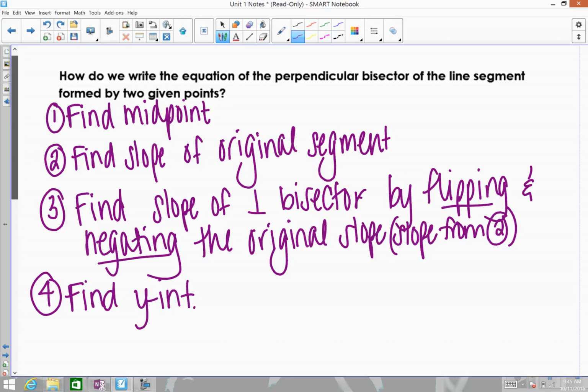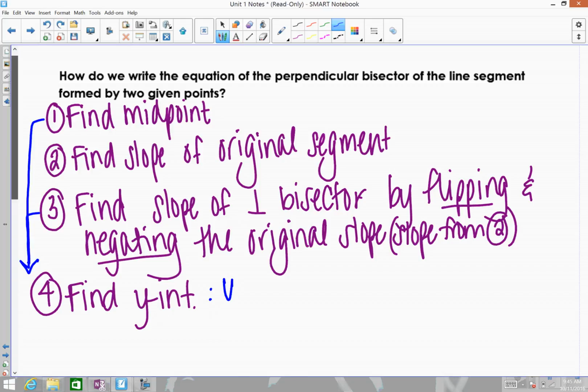and you can do this on the graph, or you can plug in. If you remember when we had those problems where we had a parallel line or a perpendicular line passing through a specific point, you always had to plug in the slope and the point, and then you'll find the y-intercept. So since we know the point, we know the midpoint, that's the point it has to pass through, and we know the perpendicular slope, we can plug those two things into y equals mx plus b.